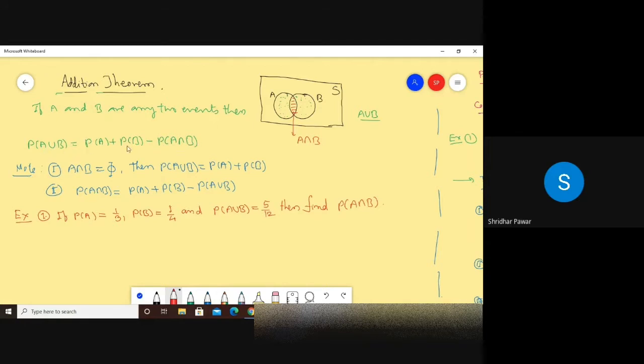Just put the values here, or use this addition theorem.